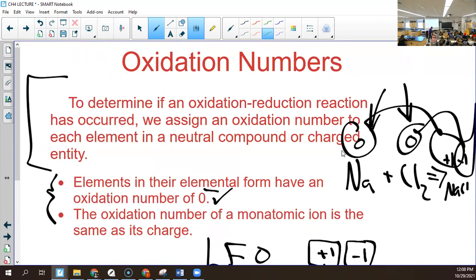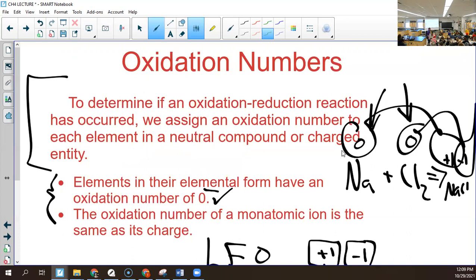Okay, I think we're ready for this side here. Oh, whoa. What magic just happened? What are the odds of that? Okay, so turn to the side that says oxidation numbers. You with me? If you're over there and you have no idea what happened, I dropped the paper and it curved and it caught between the metal of the desk and the desk.